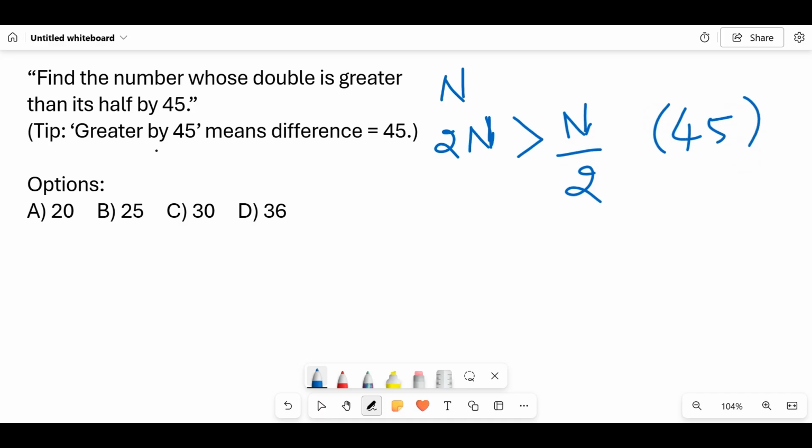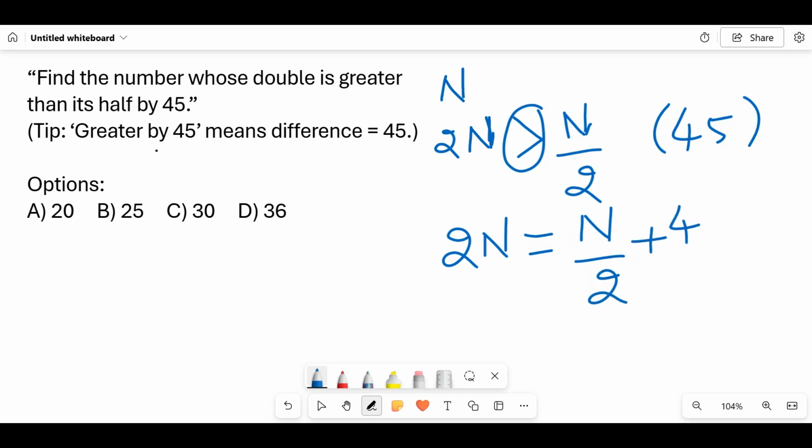They have given the tip that the difference is 45. So 2n, if I want to remove this greater than symbol, I'll make it equal by adding that 45. Now let us take the LCM on the right hand side.